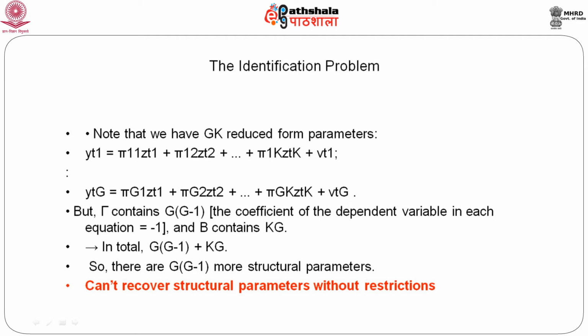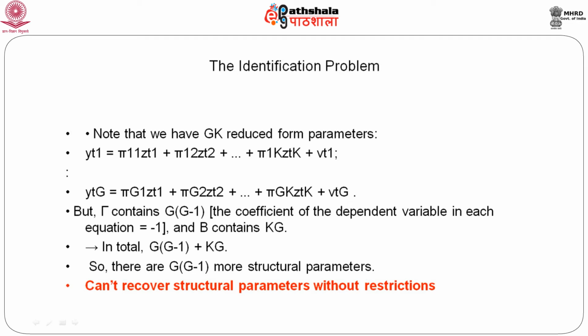Now, the problem of identification arises because of observationally equivalent structures. Two structures are said to be observationally equivalent if both have the same reduced form.